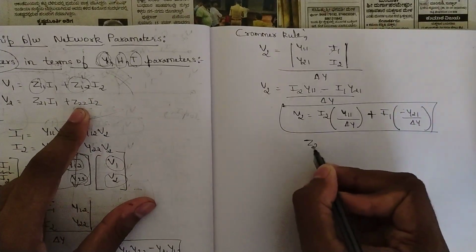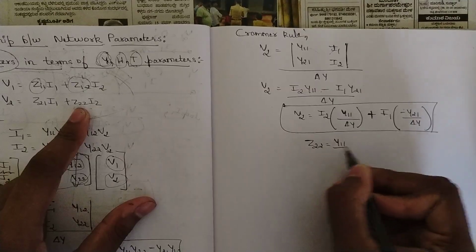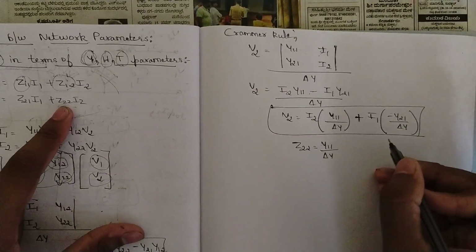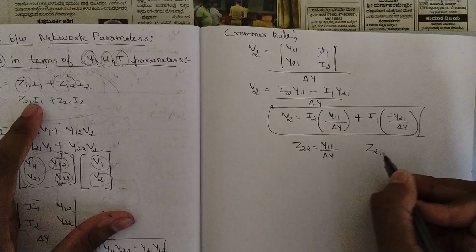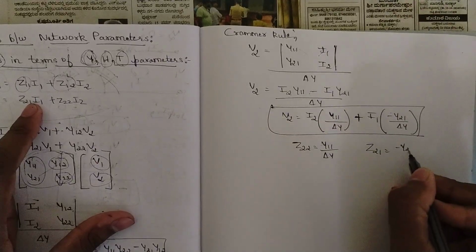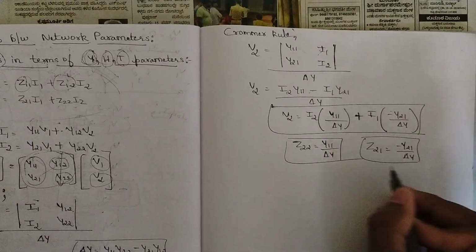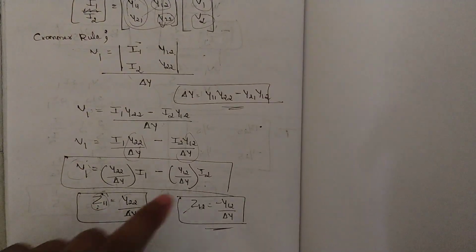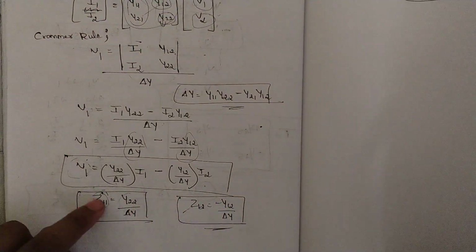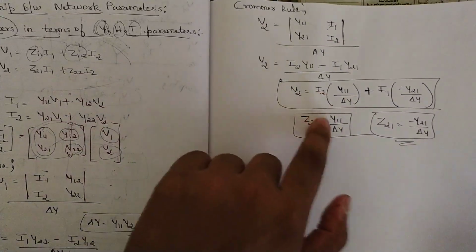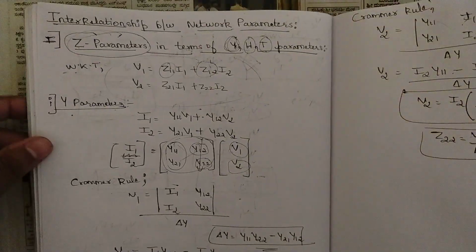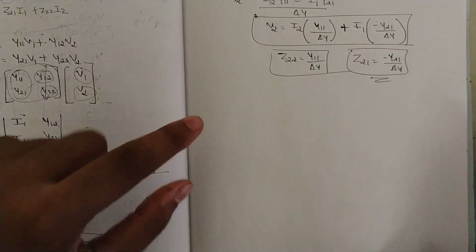So z22 is equal to y11 by delta y, and z21 is equal to minus y21 by delta y. So here we have found all four z parameters in terms of y parameters. See, all are in terms of y parameters. Like this the interrelationship works for z parameters in terms of y parameters.